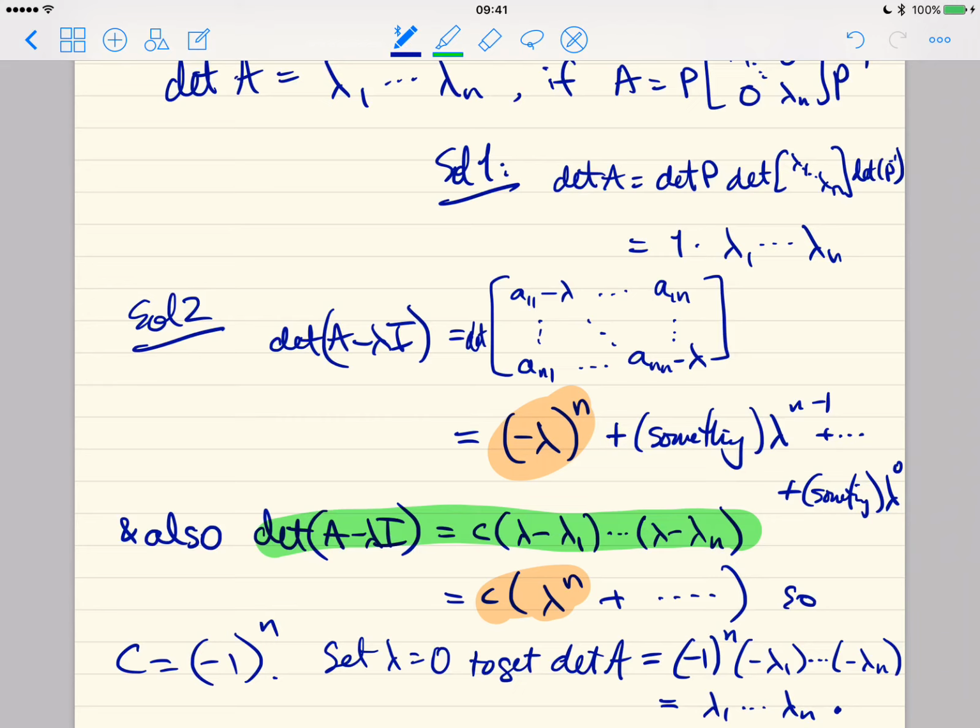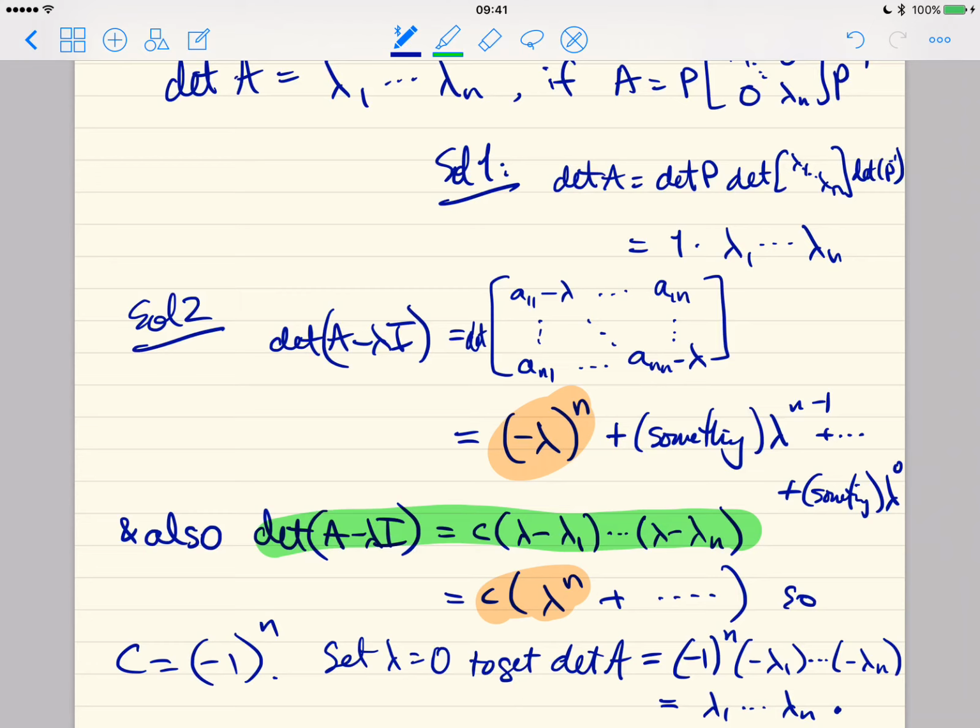And then when you scale by lambda 2 along the second axis, it's multiplying volumes by lambda 2, and so on. Once you get done doing all those scalings, then you're multiplying volumes by the product of all those lambdas. So that's, I guess you could say that's a geometric proof as well.